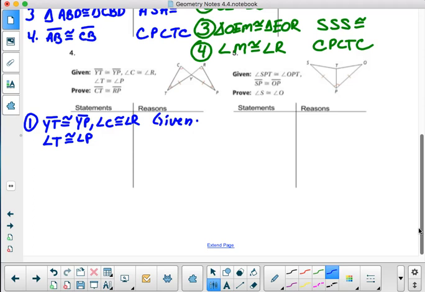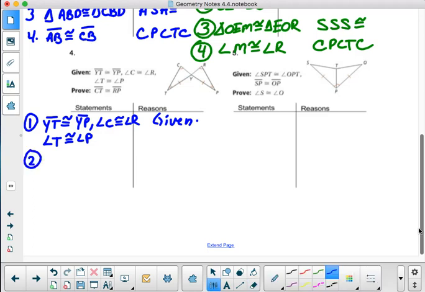Now, looking at what I've got, angle C and angle R congruent, angle T and angle P congruent, and I got TY here and YP. Wow, I've got the two triangles congruent already by angle, angle, side.